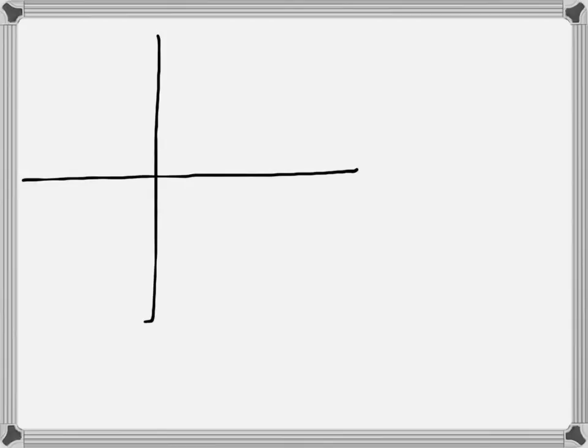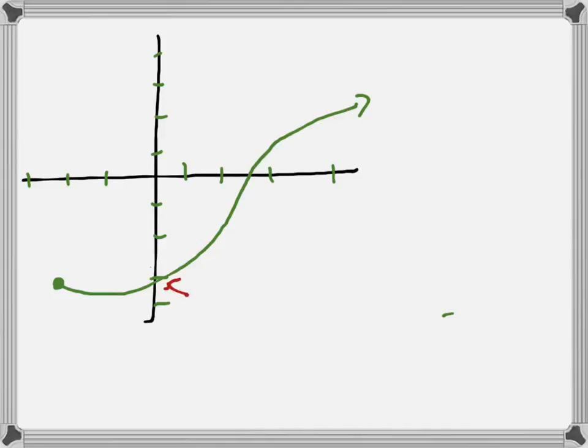So maybe here is my function. Maybe it goes like that, and maybe it starts right there. Let me put some tick marks on here. So how do I graph f inverse of x? Well, the idea again here is, let's pick on this point because it's easy. So that's the point (0, -3).